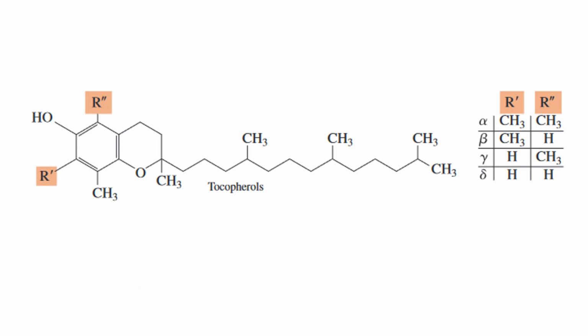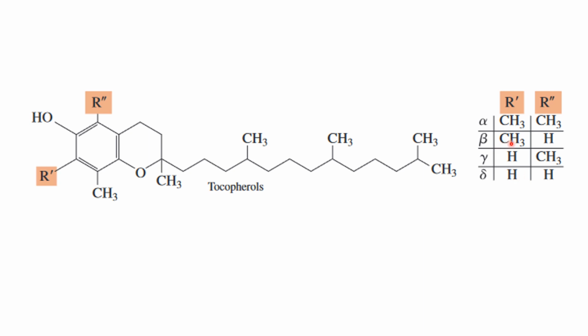Vitamin E. There are four forms of vitamin E: alpha, beta, delta, and gamma tocopherol. These forms differ from each other structurally according to which substituents are present at two positions on an aromatic ring. So referring to this position and this position, if you have methyl groups in both positions, then you call it alpha tocopherol.